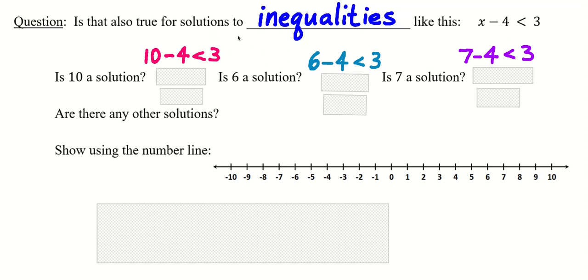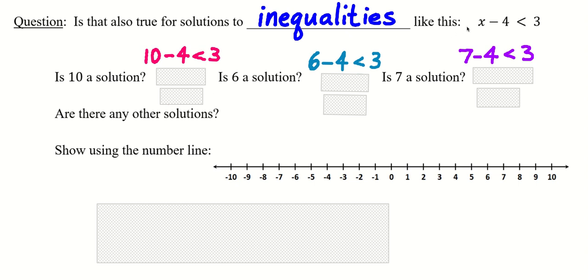Do we also have solutions for inequalities like this? Would this still have a solution? Meaning, anything that could replace the x to make this true, to actually make x minus 4 truly less than 3? Yeah, inequalities can also have solutions.